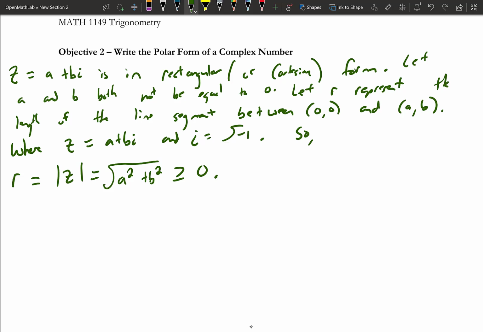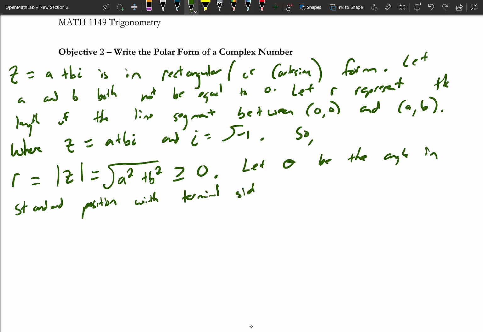And then next, let's say let theta be the angle in standard position with terminal side through the point (a, b).